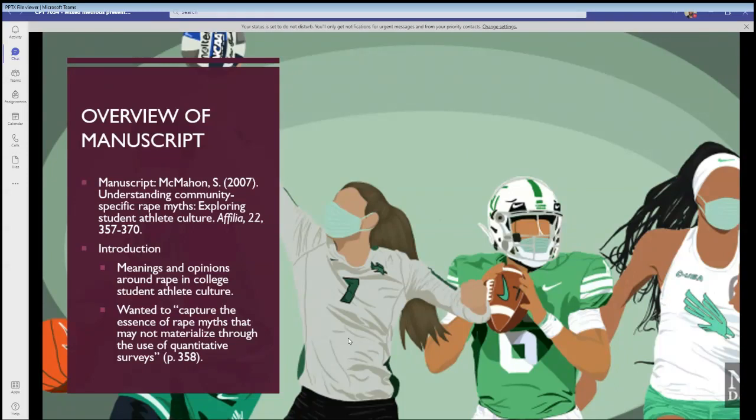So, as Ben mentioned, one of the designs that you can use in mixed methods is sequential explanatory design. In this one, you start with a quantitative method and then you move to a qualitative method. In this manuscript, the first phase was a quantitative survey sent out to 205 sophomores and juniors at a large D1 public university in the Northeast.